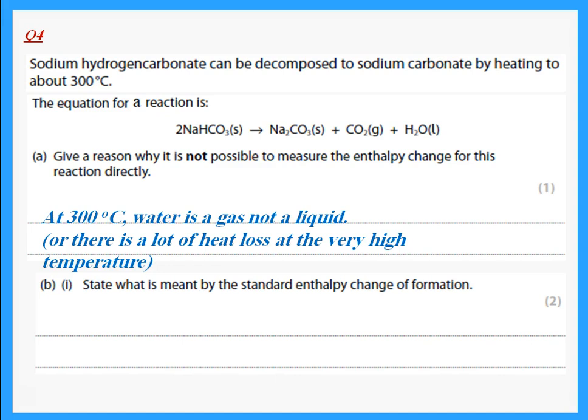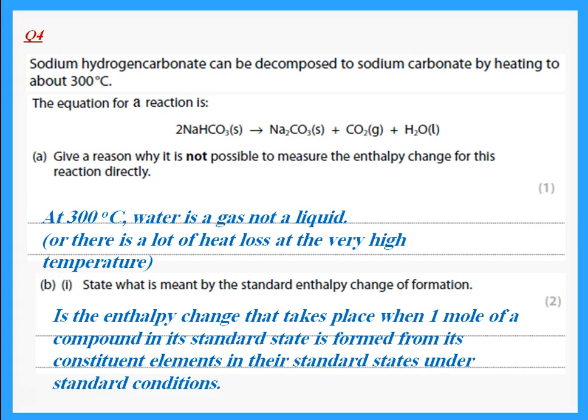Then the next question says, state what is meant by standard enthalpy change of formation. Remember that the easiest question you can get in this chapter is if he says what is meant by one of the enthalpy changes. So remember that we said if we're trying to define enthalpy change of formation, we say it is the enthalpy change that takes place when what?